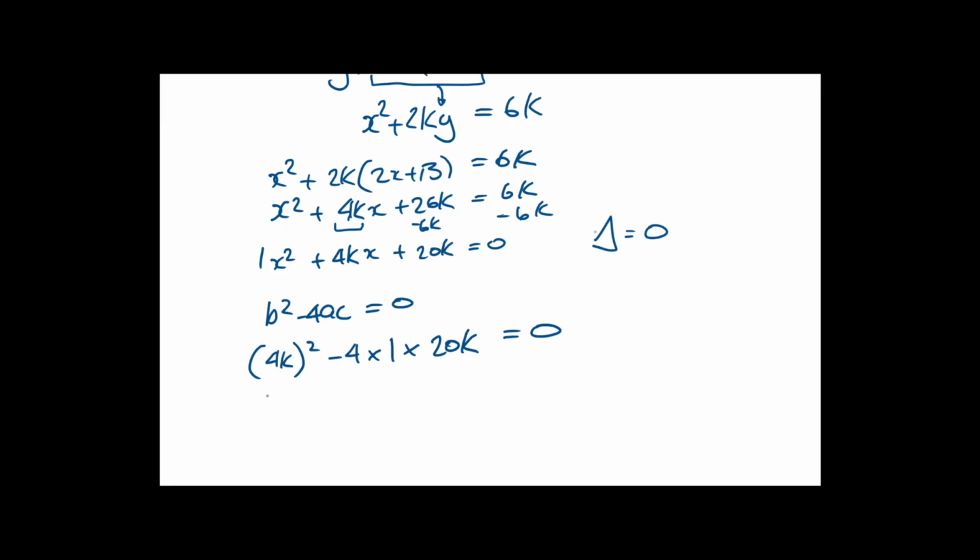Okay, so this is going to be 16k squared minus 80k equals 0.